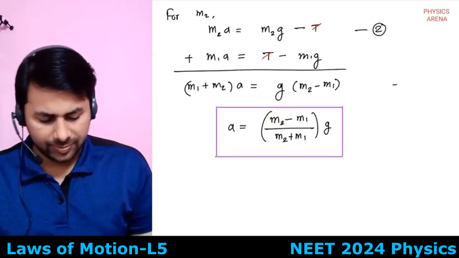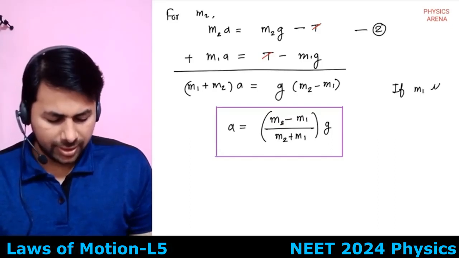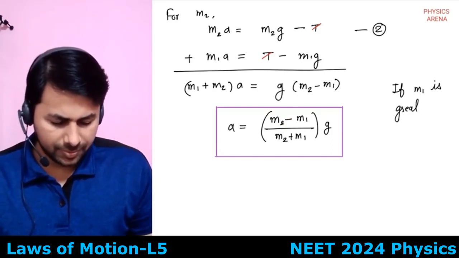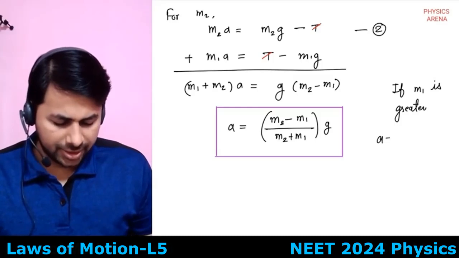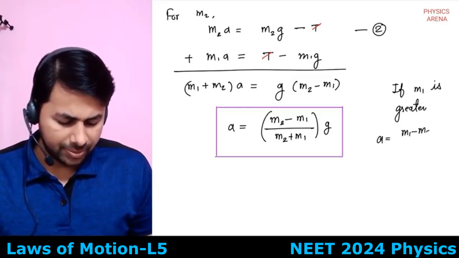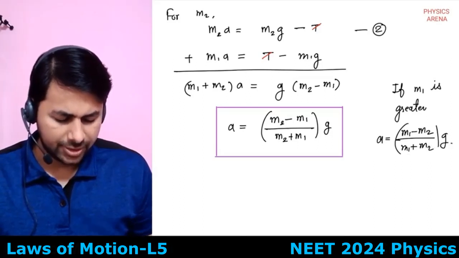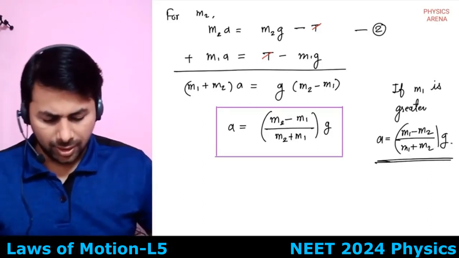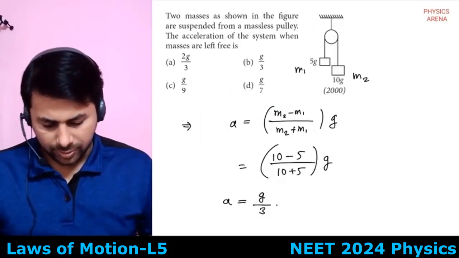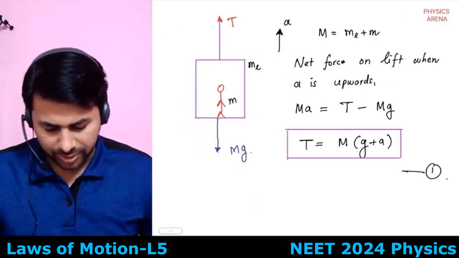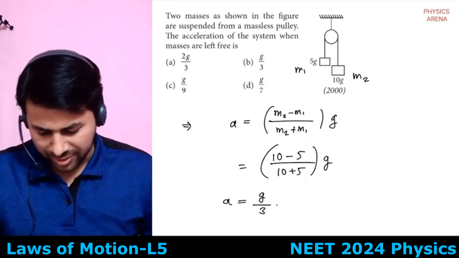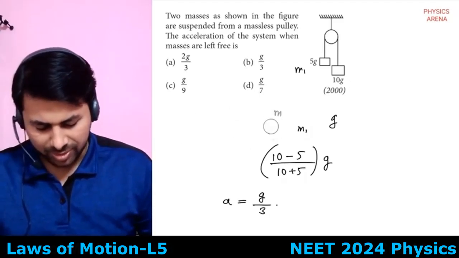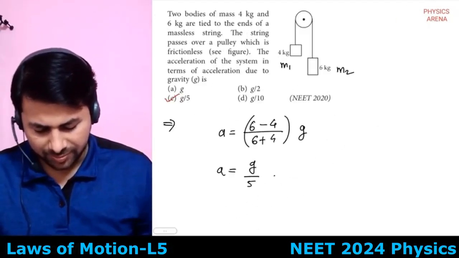If M1 is greater, then the acceleration will be M1 minus M2 divided by M1 plus M2 multiplied by g. Simple formula. So let's solve some problems based upon Atwood's machine.